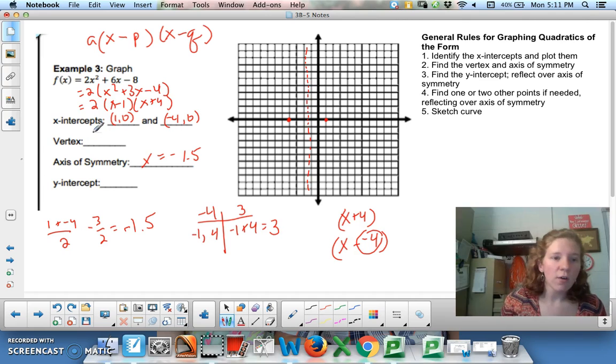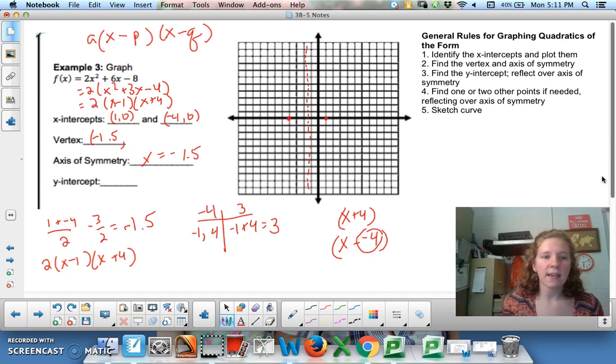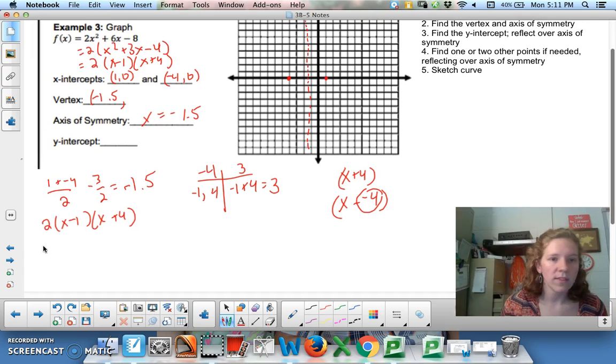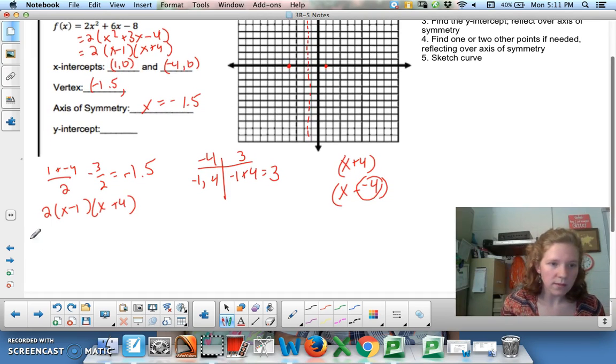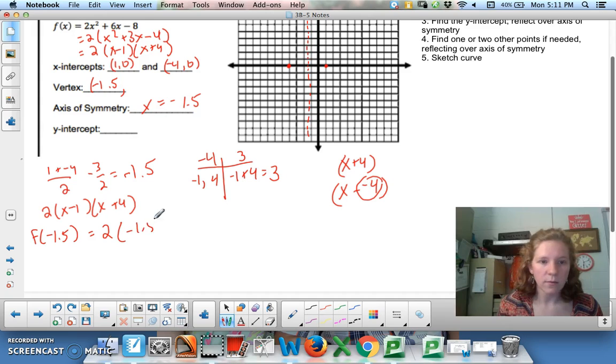My vertex, though, I know it's got an x value of negative 1.5, but I've got to figure out the y value by plugging it in. So my formula is 2 times (x minus 1) times (x plus 4). I am replacing all of my x's with negative 3/2. So f of negative 1.5 equals 2 times (negative 1.5 minus 1) times (negative 1.5 plus 4).